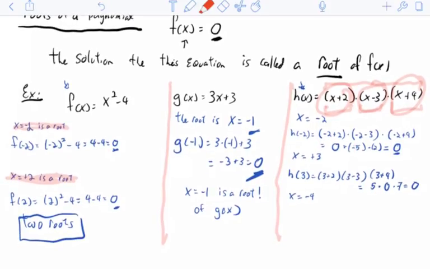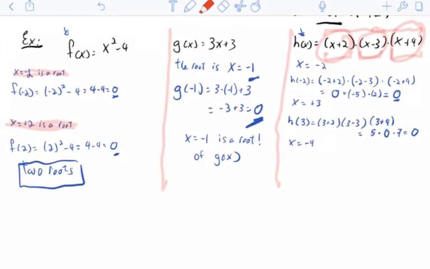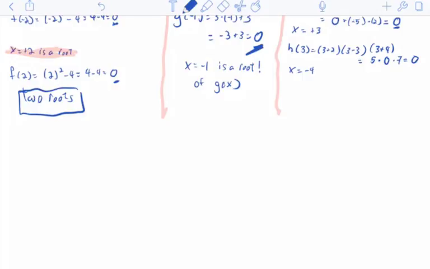So this is essentially the end. Well, maybe not the end. Let's do a quick review of roots. The root, I'll call it R. Somebody gives us a polynomial.